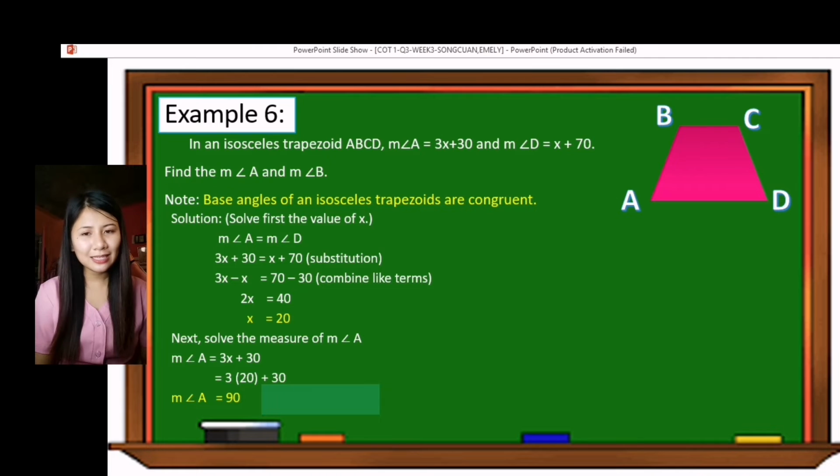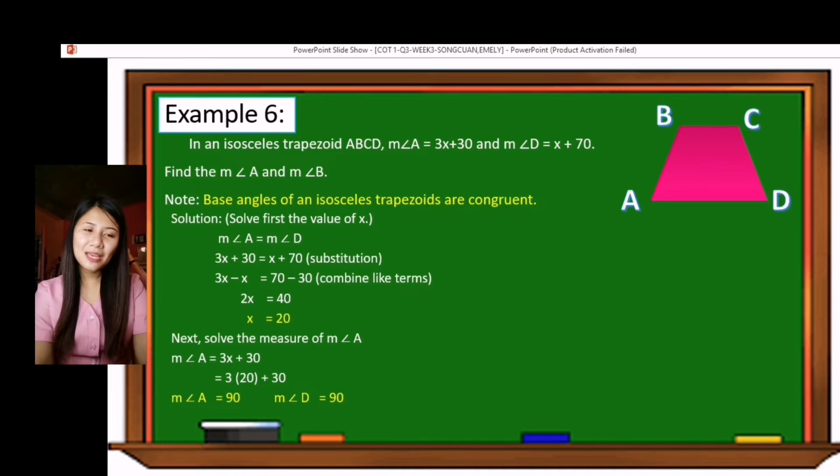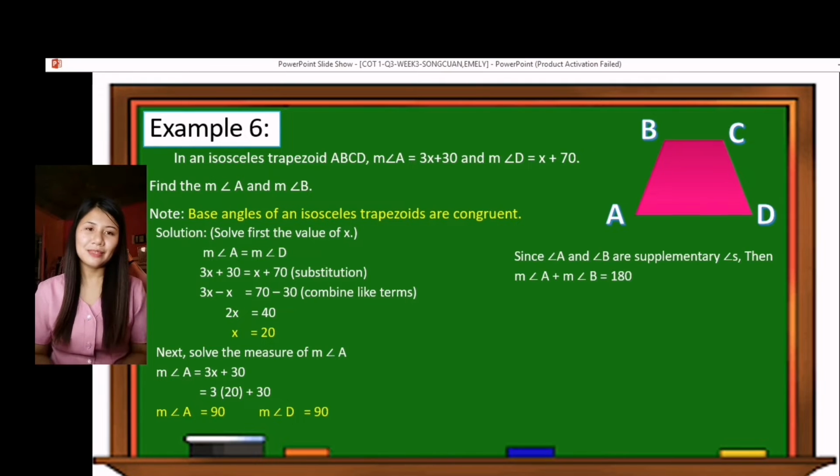So what do you think is the measure of angle D? Okay, correct. Since the measure of angle A is equal to 90, the measure of angle D is also 90. Very good, students.